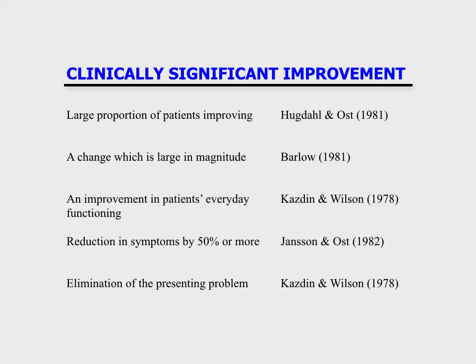You might also see an improvement in performance, let's say performance-enhancing drugs or things of that nature related to athletes or sport, an increase by 50% or more might indicate that there's real-world significance there. Elimination of a presenting problem is also something else to look into. So these are ways of determining whether or not data actually has real-world practicality.